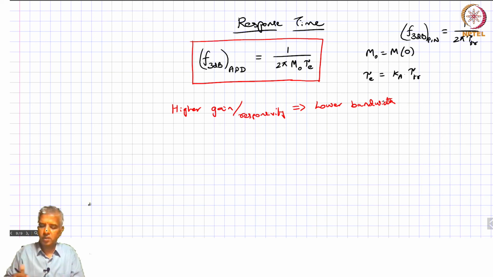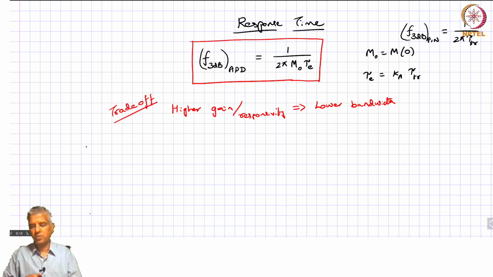So that's a classic trade-off that you have as far as avalanche photodiodes are concerned, and that is something very important to keep in mind.